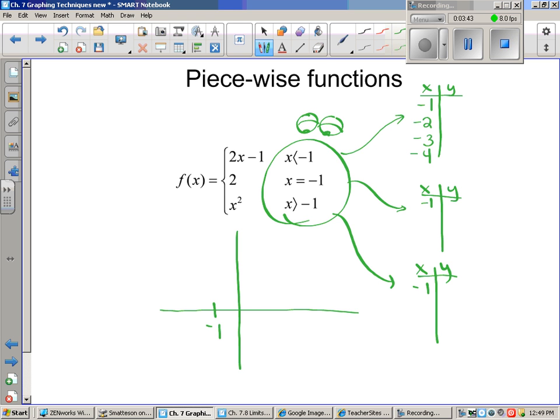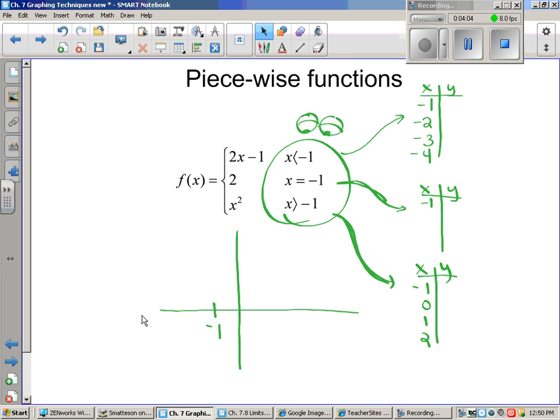In the next section, or the next equation, this one says x equals -1, and so we only care about at x equals -1. And this last one says x's that are greater than -1. So I would have -1 and then 0, 1, 2, and I would pick x's that are greater than -1. So back to our first chart.